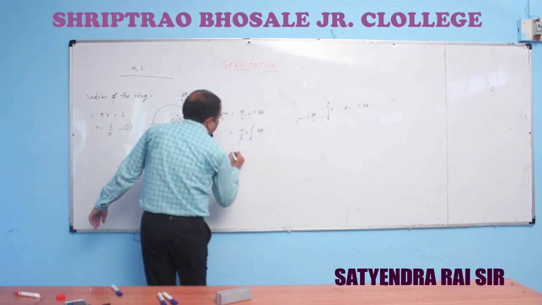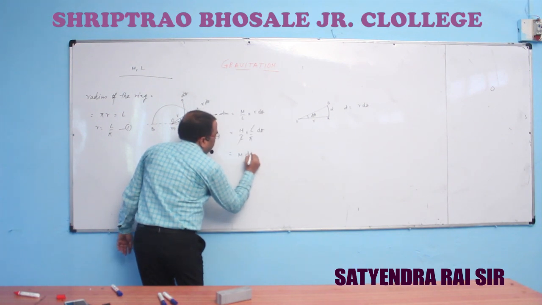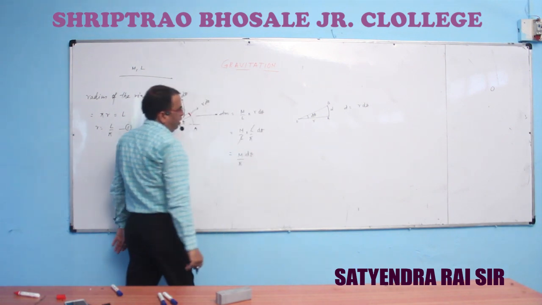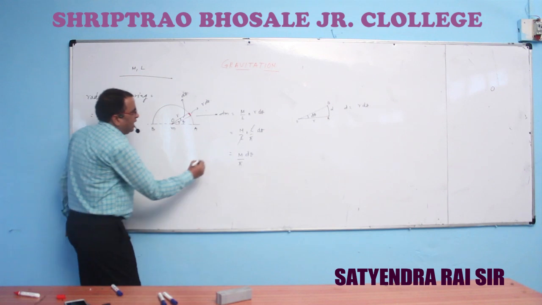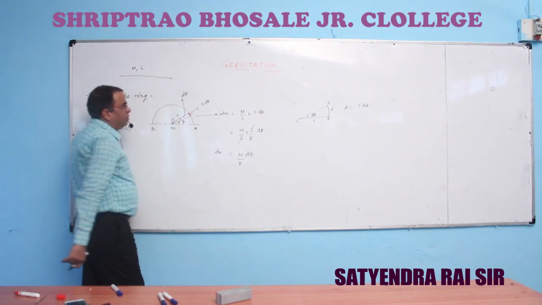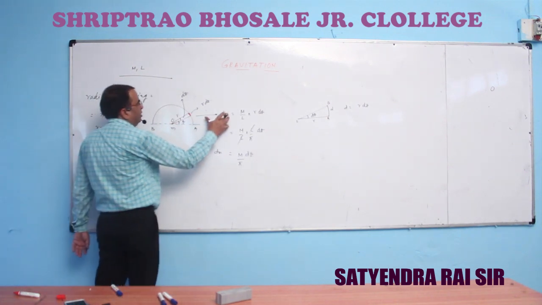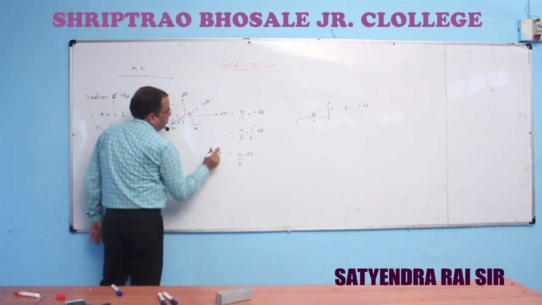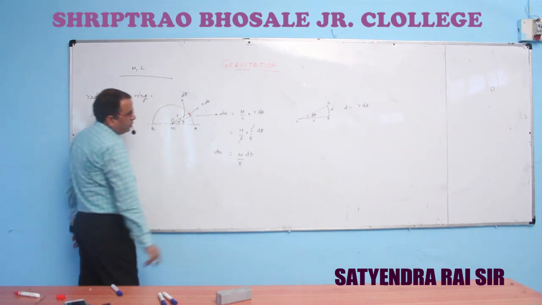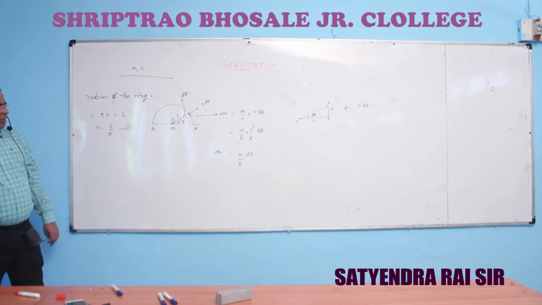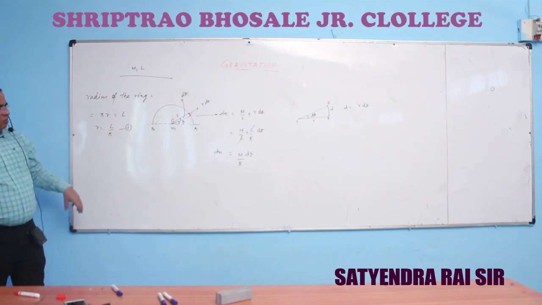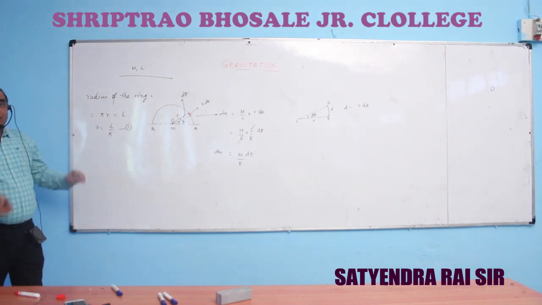L will cancel, and we finally write dm equals m by pi into d theta. That is the mass of the element.